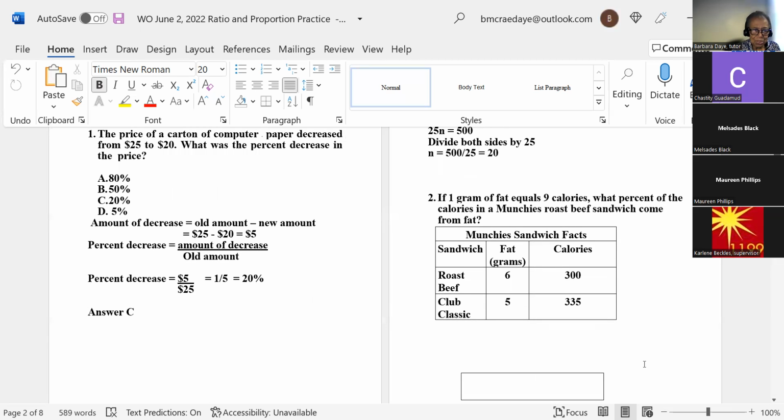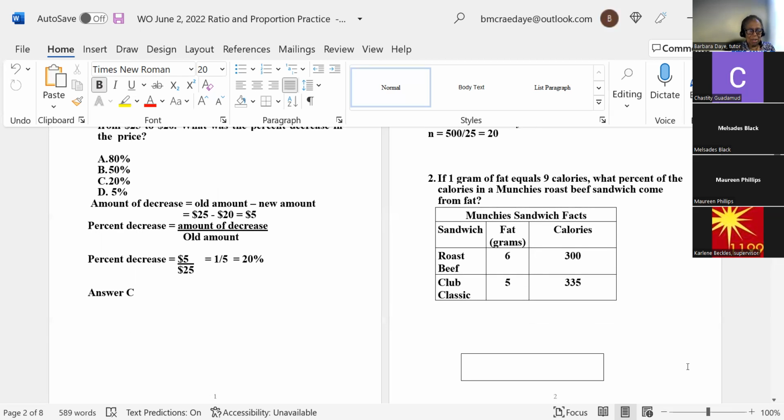Number two, Mercedes. Read number two, and let's just figure out how you solve it. Well, you'll see when you read it. Just read it, okay?